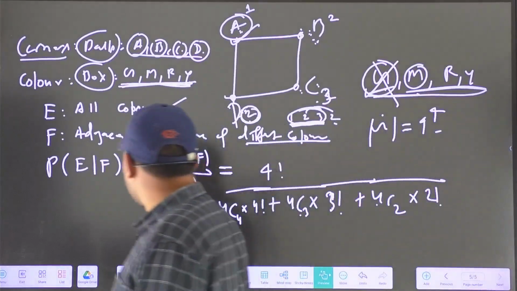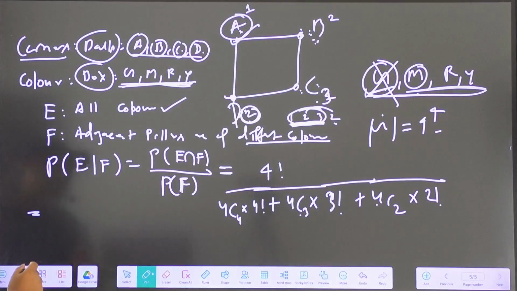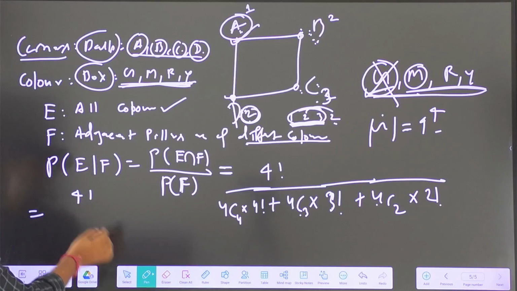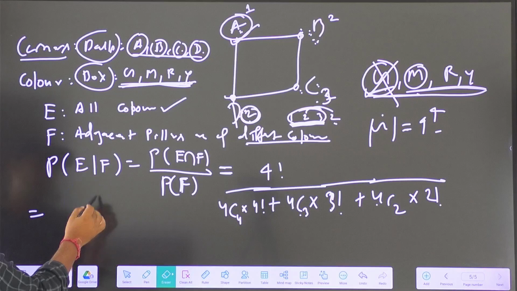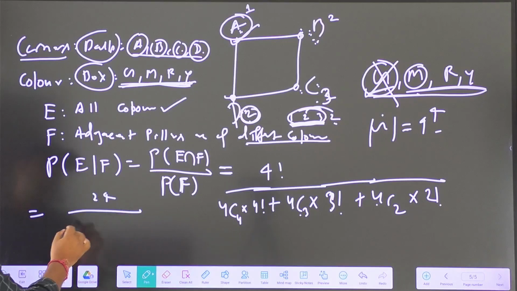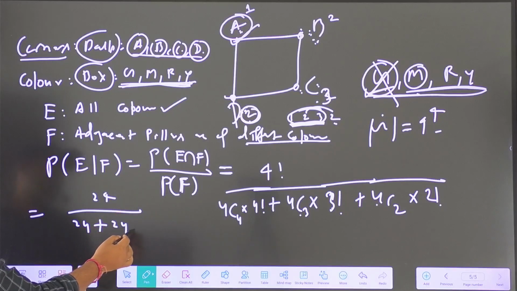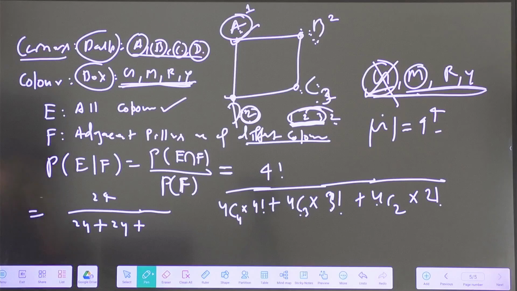You check, did you get the right answer in the exam, or am I doing something else? So you find what is the final answer here. It is 24 in the numerator. 4C3 is just 4, so again it is 24 now. 3 colors we have chosen, any 3 of the colors, and that 3 can be arranged in this way.